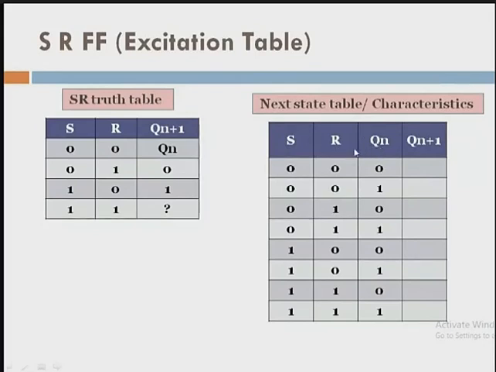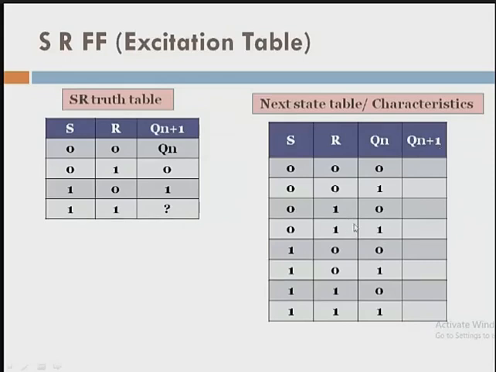You need to follow the same step for each and every flip-flop while designing the excitation table. So S and R are the inputs of your flip-flop, and Qn is considered the present state input. On the output side, we need to calculate the next state, which is represented by Qn plus 1.